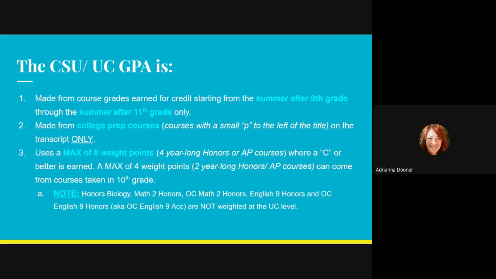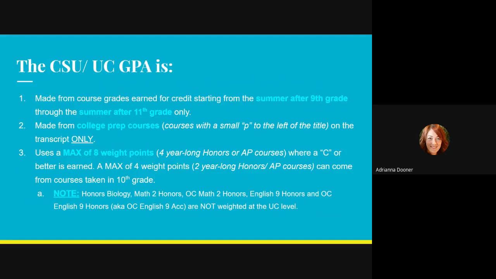But the courses taken in 9th grade don't count towards this GPA. They do count, though, when a student applies to those schools, they're still going to record those grades, but the GPA that those colleges look at is only made up of that specific 9th grade summer through 11th grade summer timeline.